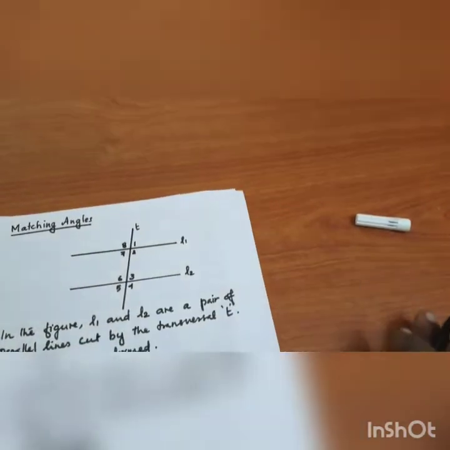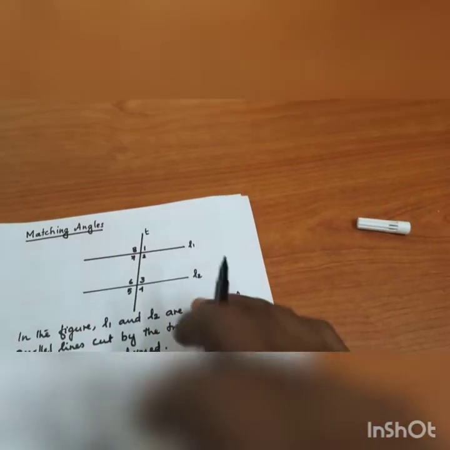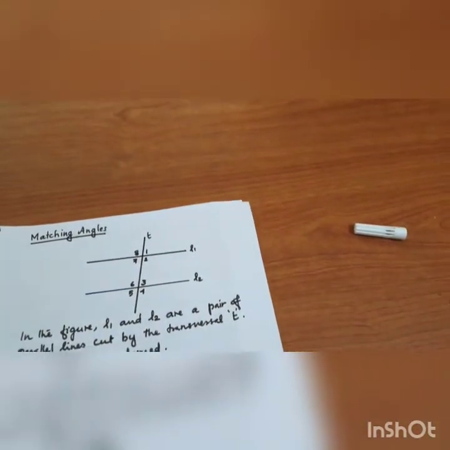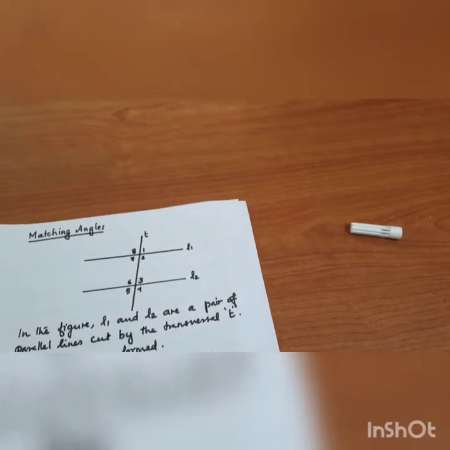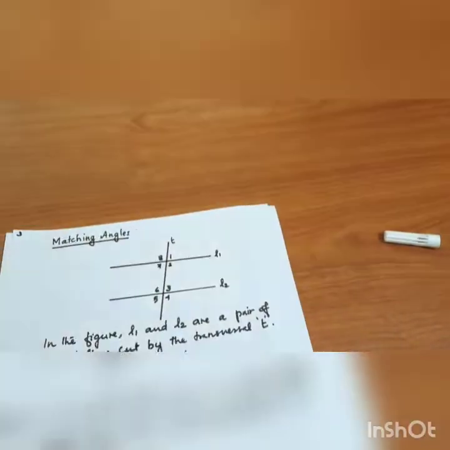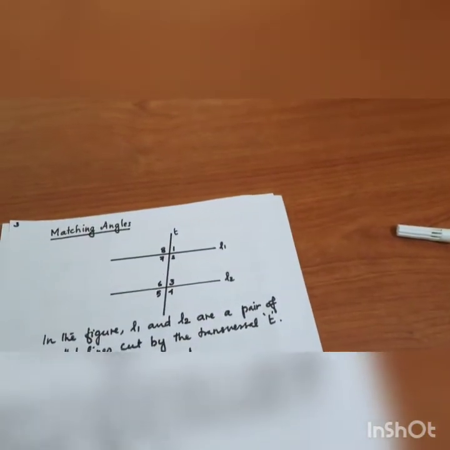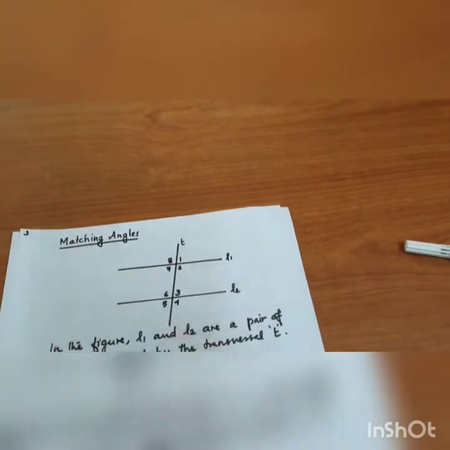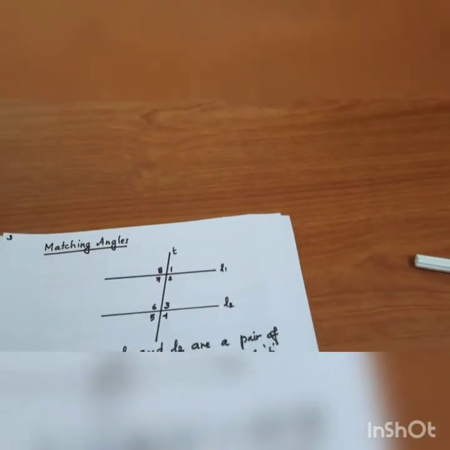On the right side of T, 1 pair is on the upper side of L1 and L2 and 1 pair is on the bottom side. Like that, on the left side of T, 1 pair is on the upper side of L1 and L2 and the other pair is on the bottom side.